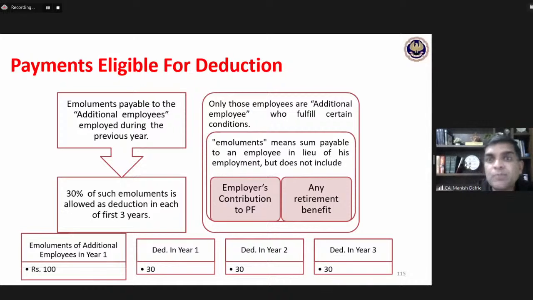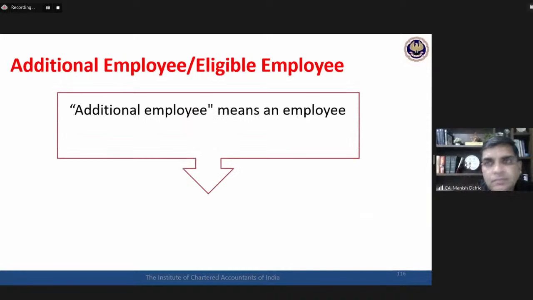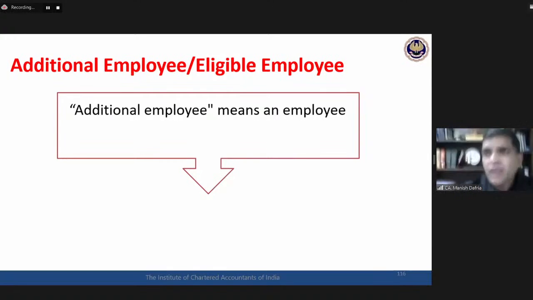This is in respect of wages, emoluments, salary paid to the additional employees, who are employees that fulfill certain conditions. What conditions? Now this is important. What is the idea? My assessee covered under tax audit is paying wages to certain employees.